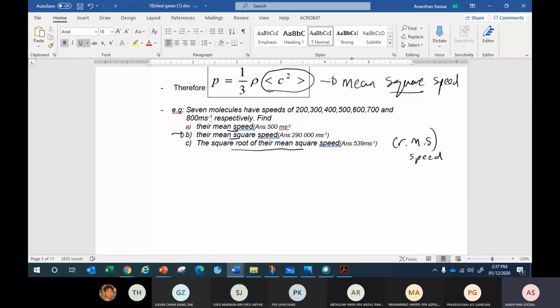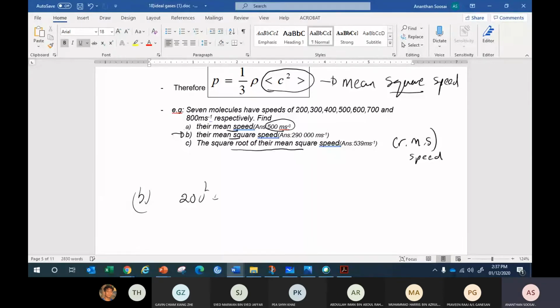Seven molecules are traveling at 200, 300, up to 800 meters per second randomly. Find their mean speed. Mean speed is easy: you add all of them and divide by the number of particles, 7. 200 plus 300 plus 400 plus 500 and so on, divided by 7, gives a mean speed of 500 meters per second. But now the focus is B. How do you find the mean square speed?